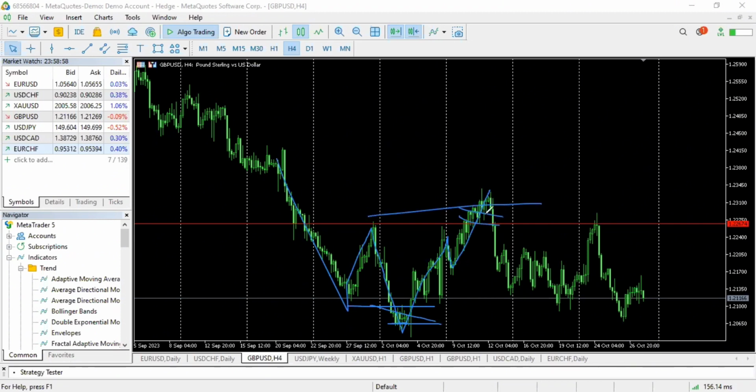So this is a change of character. This actually looks like a change of character, but then we got the market push back down, and of course we have a break of structure here, and this is where we are.